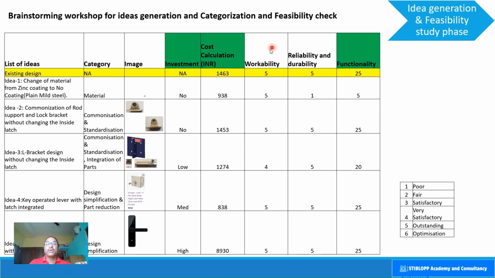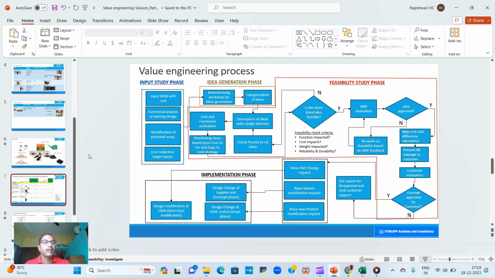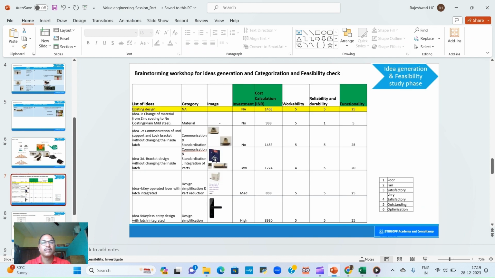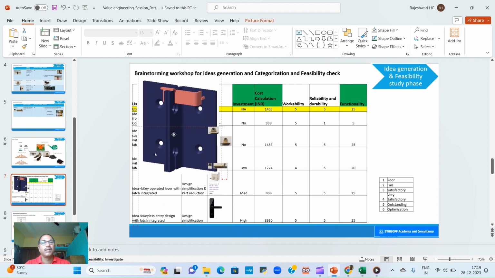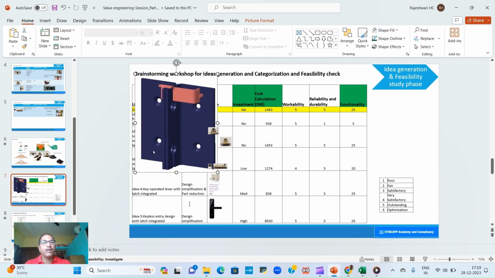And if we look at the workability here, the workability gets reduced by one rating. The reason is, if you look at this particular design, you have to use a long lock to lock this.